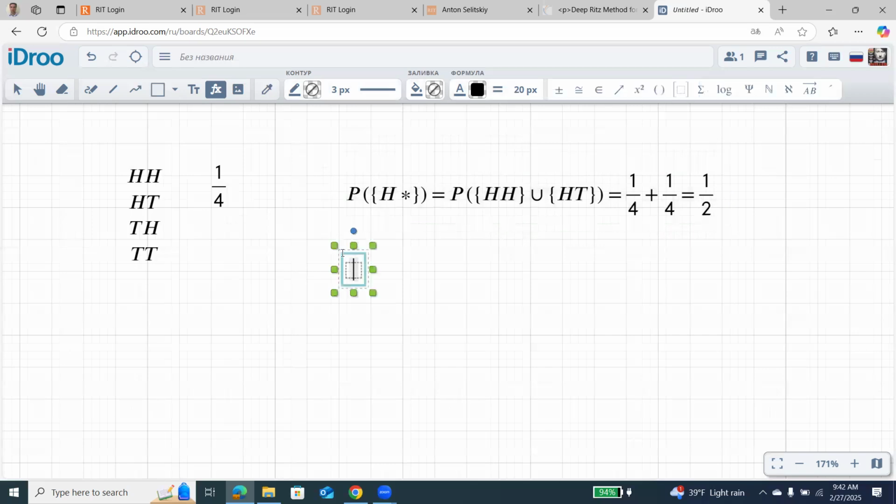So now let's think about the probability. Now I will introduce, sorry, I was using uppercase probability. Now let's introduce random variables and denote by x1 the result of the first flip, and by x2 the result of the second flip.